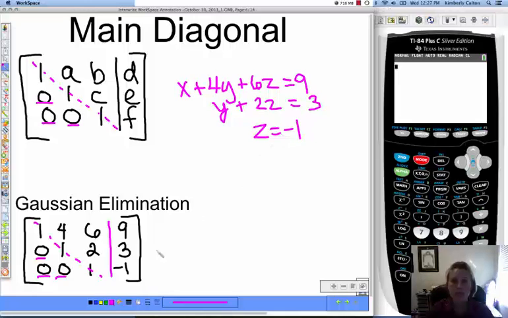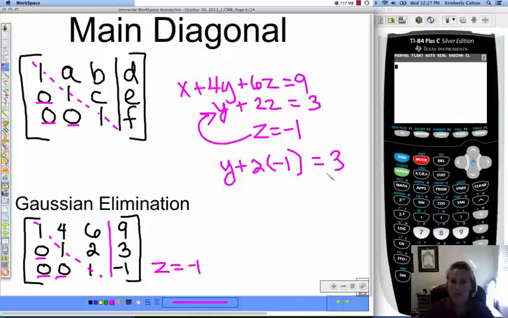Well, now we can solve this set of equations. We already know that z equals negative 1. Going to the second line, we now see that y plus 2 times negative 1 equals 3 can be solved. So we have y plus negative 2 equals 3. So we have y equals 5 as an answer.